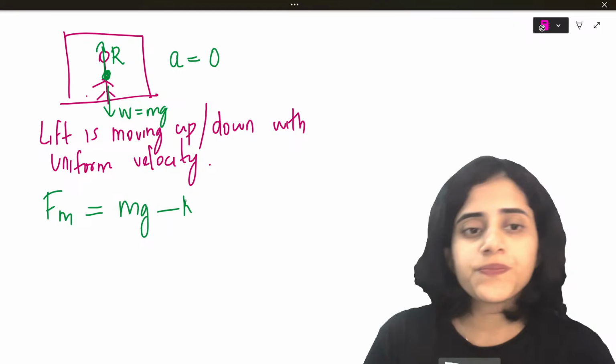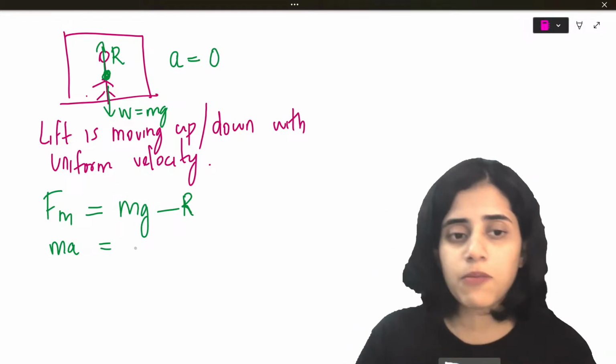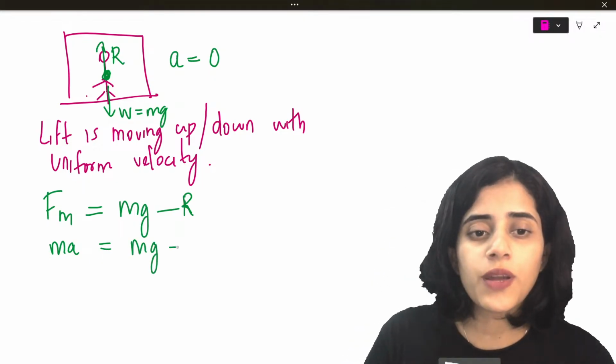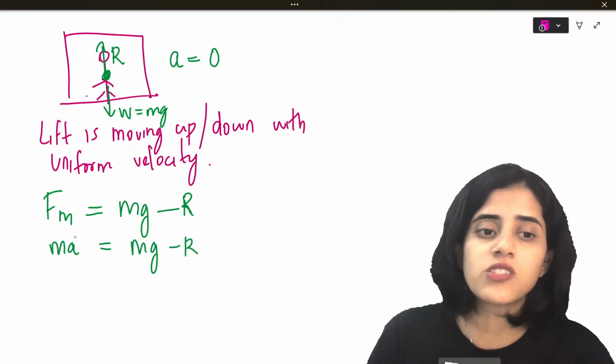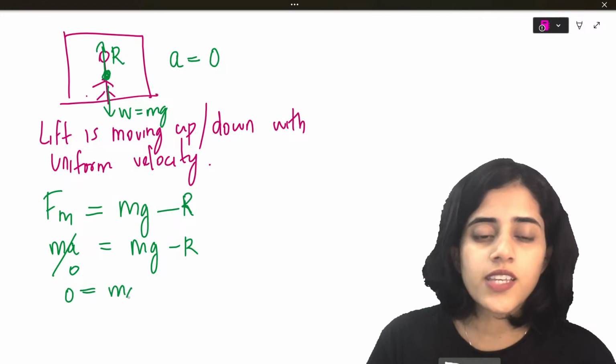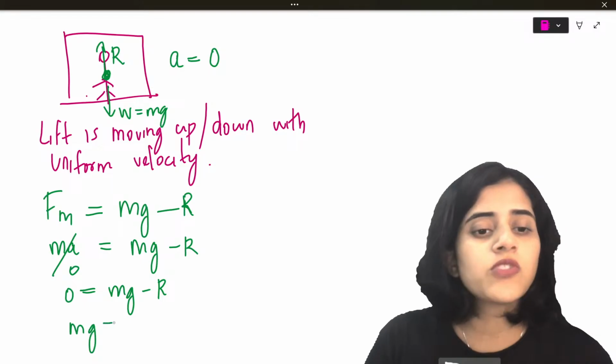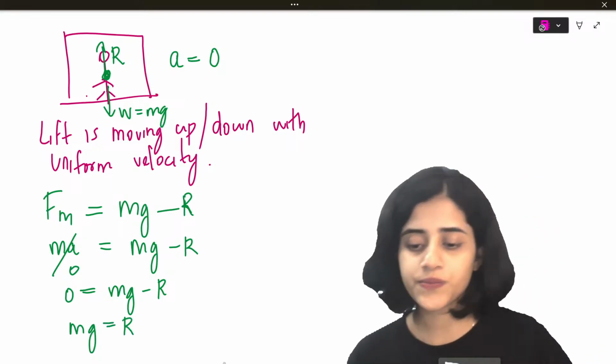So mg minus R. F is equal to ma. So instead of F, I can write it as ma, Newton's second law, is equal to mg minus R. If acceleration is 0, this will be 0. So 0 is equal to mg minus R, and then mg is equal to R.